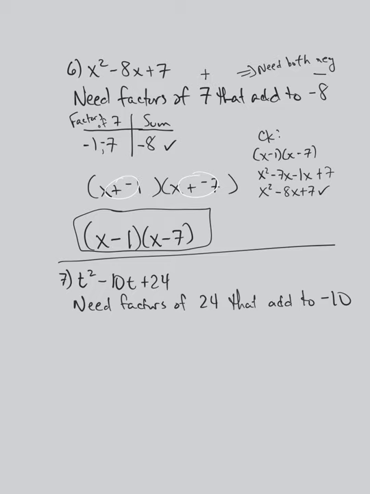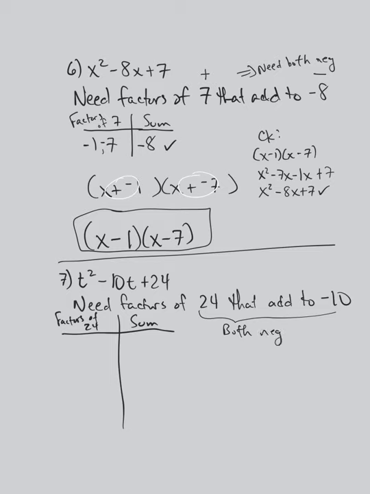Okay, and so we can make our chart here. We have factors of 24, and then we look at their sum. We need that sum to be negative. So we need factors of a positive number that add to a negative. That's telling you right there that both the factors need to be negative.